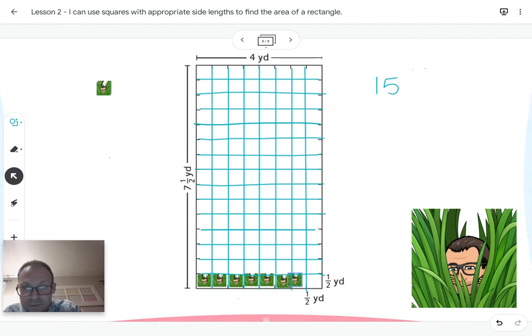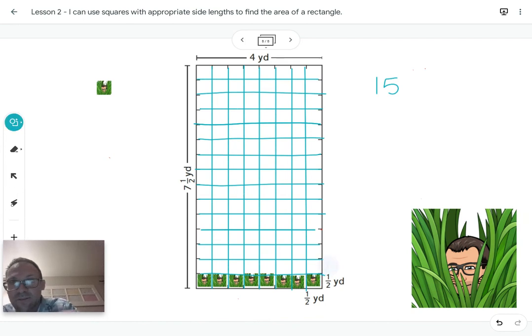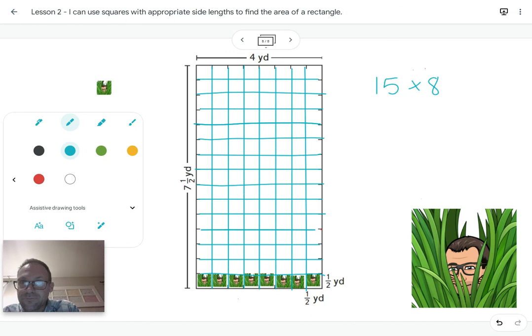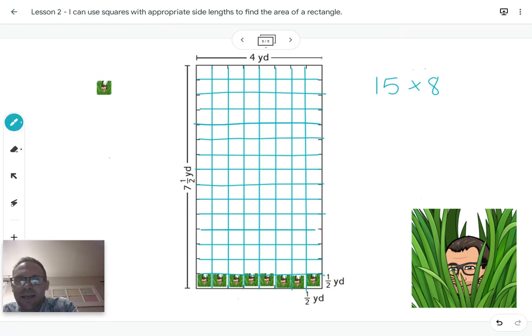That's 6, 7, and 8. And I have 15 rows. So that is 15 times 8. That's not a math fact. We're just going to have to do that out. Let's go ahead and do that.